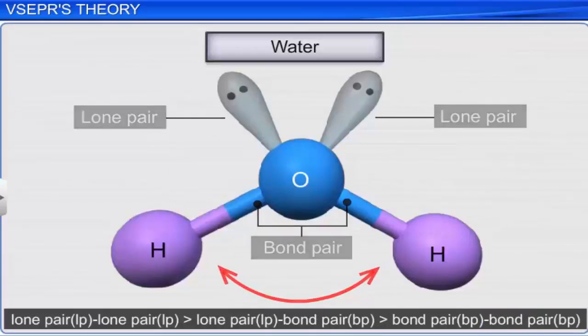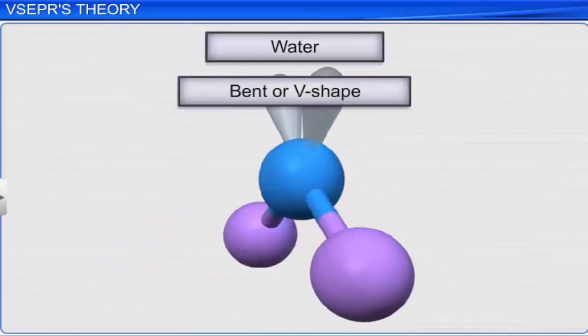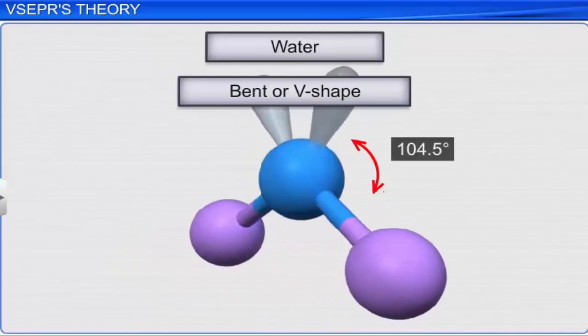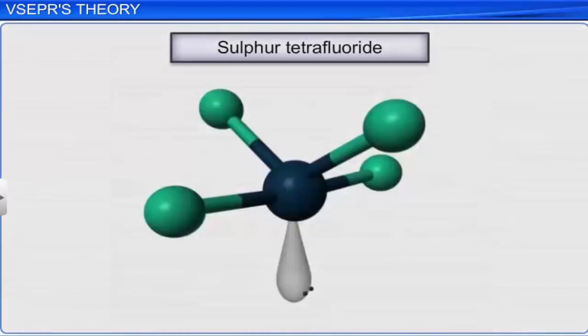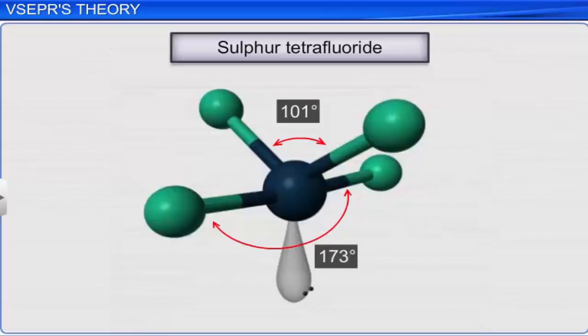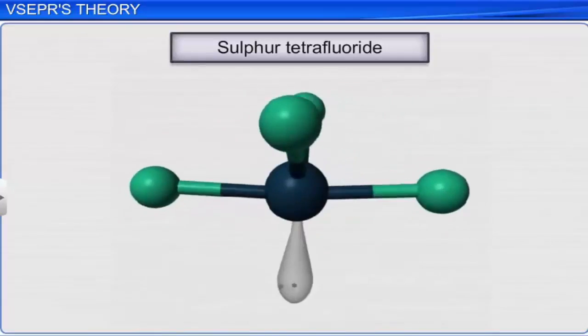Thus, the 2 lone pairs on the central oxygen atom make the molecule distort from its regular geometry to a bent or V-shape, making a bond angle of 104.5 degrees. A sulfur tetrafluoride molecule is seesaw-shaped, as its bond angles are 101 and 173 degrees, due to the lone pair of electrons present on its central atom.